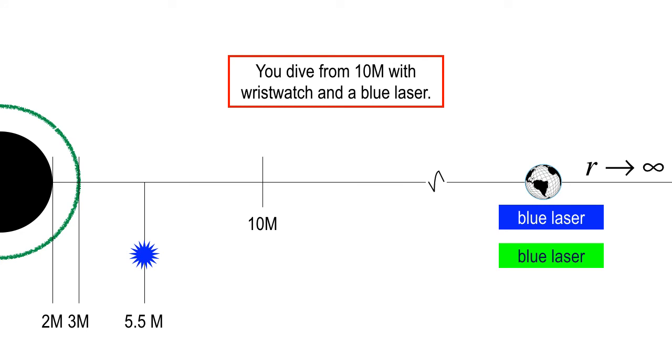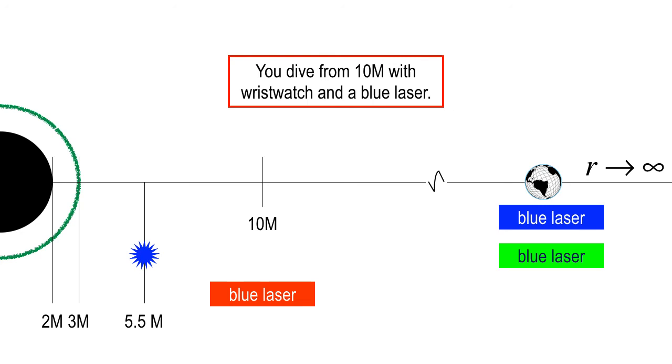You're an observer. In your frame of reference, it looks blue. By the time it gets to the mothership at 10 m, guess what color it is? Good old H alpha. From 5.5 m out to 10 m, my 532 nanometer blue laser is going to shift all the way into the reds, and it's going to be 660 nanometers.